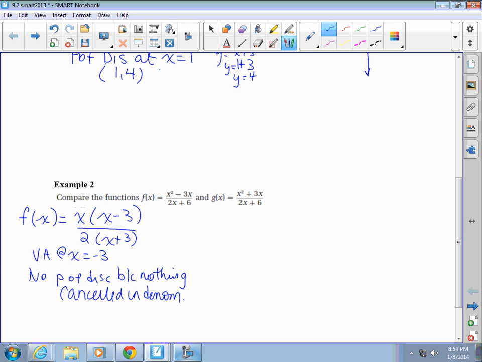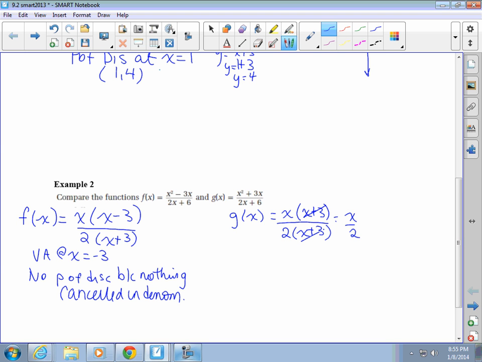Okay, so let's look at the g(x) function. So I can GCF an x out of there. I'm left with x plus 3. In the denominator, if I GCF a 2, I'm left with x plus 3. So my x plus 3 and my x plus 3 will cancel. I'm left with x over 2.